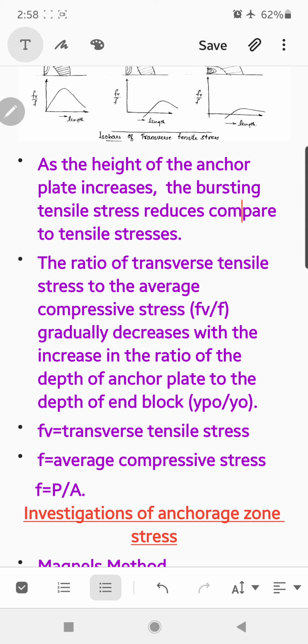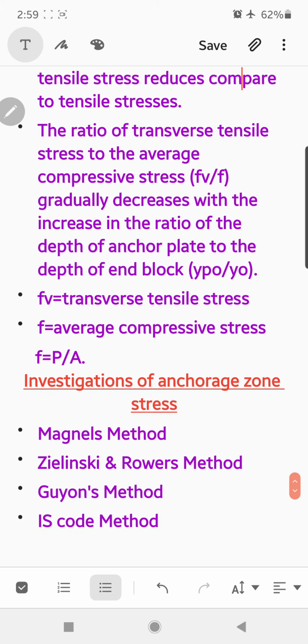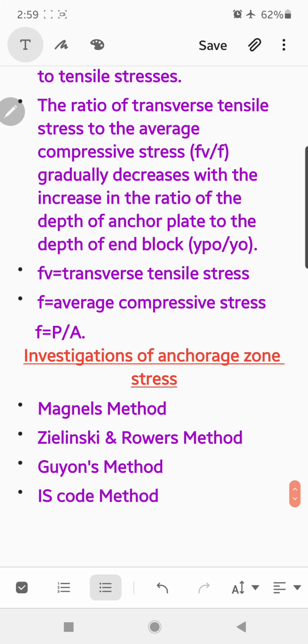With increase in this ratio, Fv by F will decrease. Fv is the transverse tensile stress and F is the average compressive stress, which can be taken as the P by A direct stress.